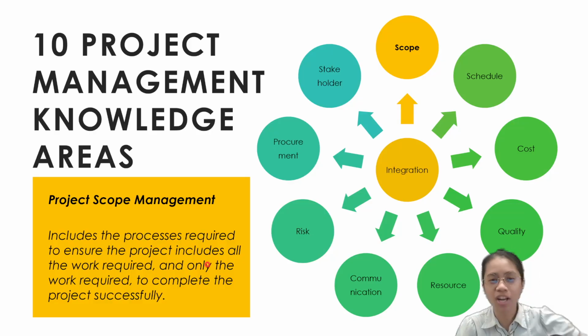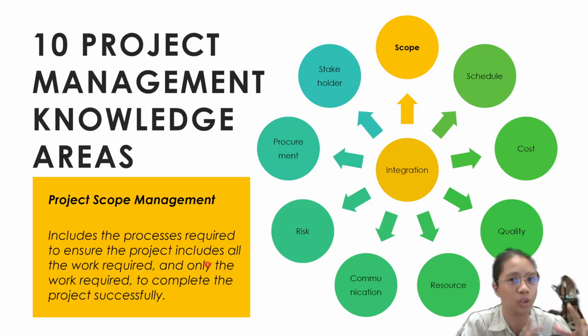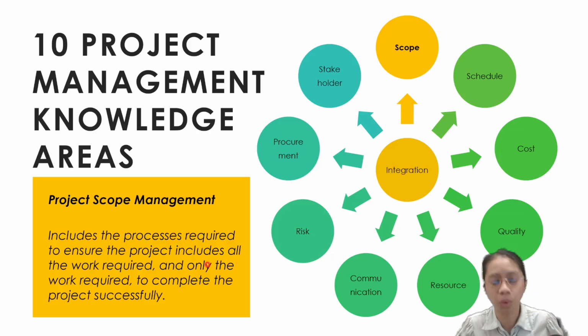So in the high-rise building, you construct the 50 floors, you install the main door, but you don't install the windows. How do you think the client will react? Definitely the client will be mad, because the scope that the client wants to see in his building is not there.